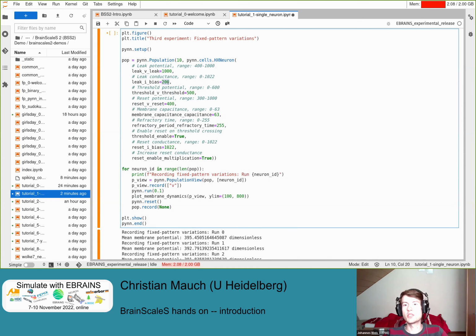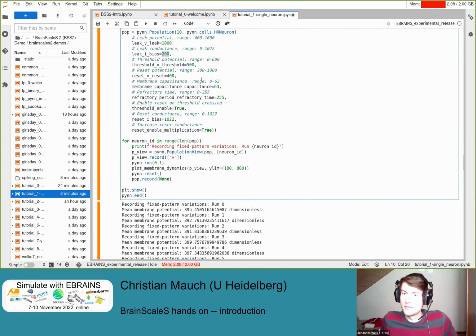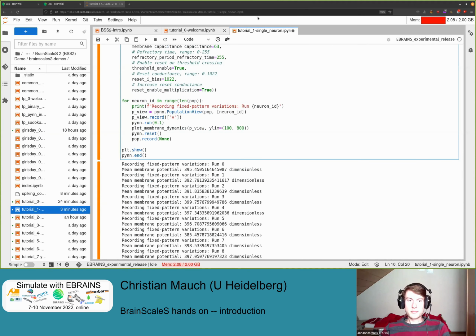It generates an array of those parameters that will result in a 10 microsecond time constant for all neurons. Okay, then I will stop sharing.